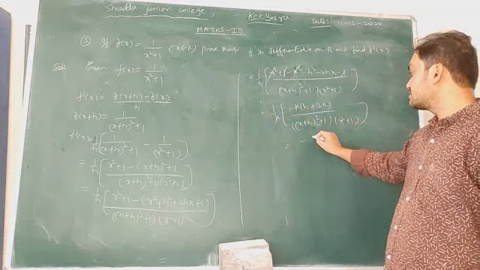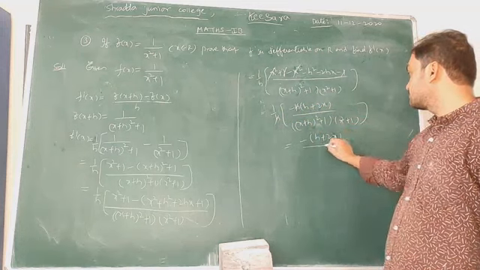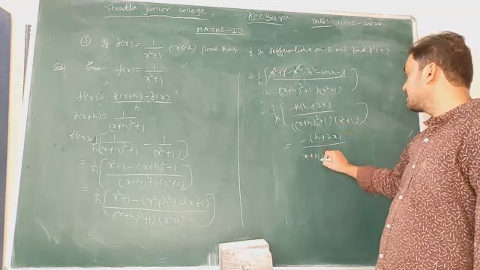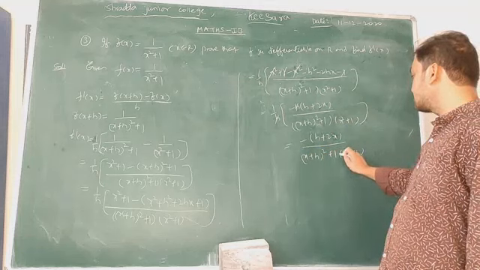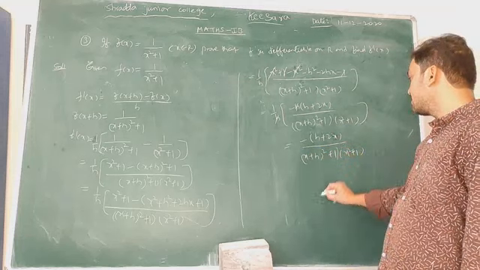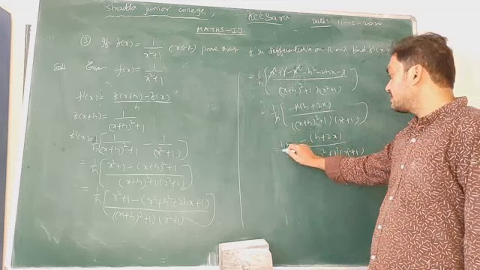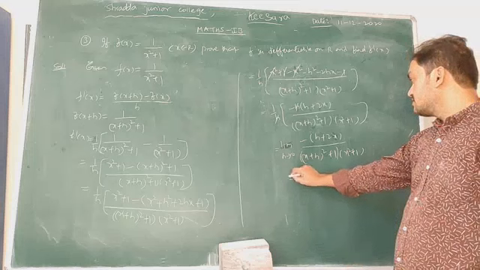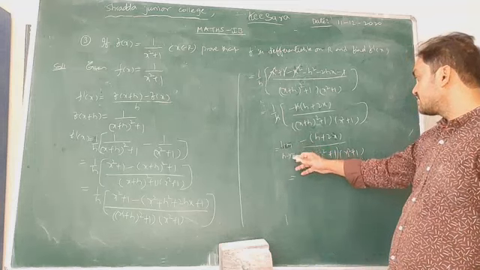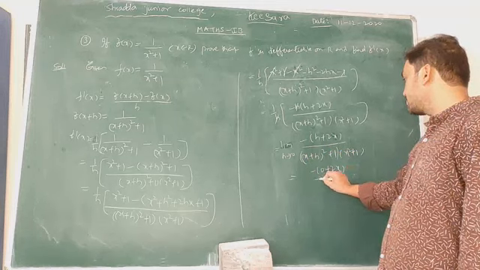Now this is equal to minus of h plus 2x by x plus h whole square plus 1 into x square plus 1. Now here see, the limit h tends to 0. So what we are getting here, substitute in place of h, that is 0, plus 2x.